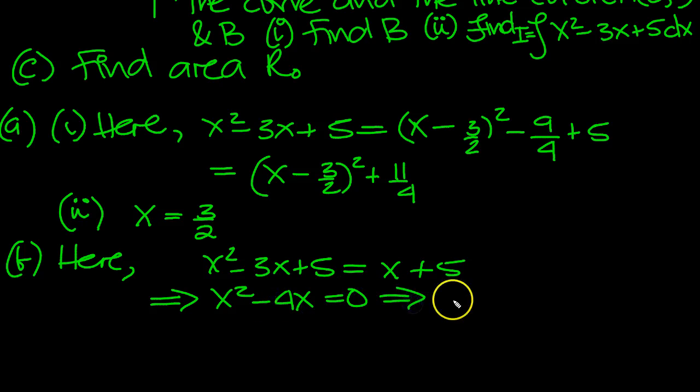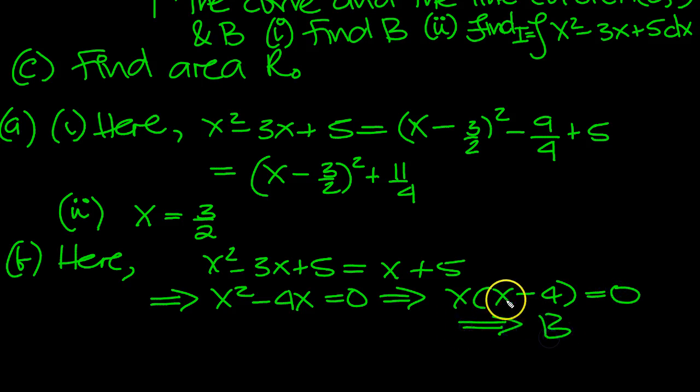And then we can factorize out an x straight away, can't we? x minus 4 equals 0. And that tells us at B, that's when this value is 0, so x equals 4 here. And that would be at B, because the other point is at 0, isn't it?